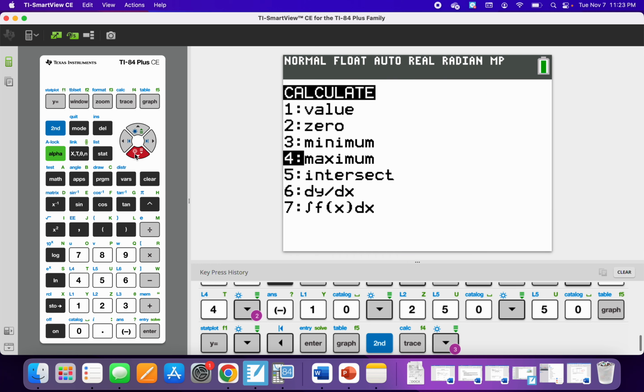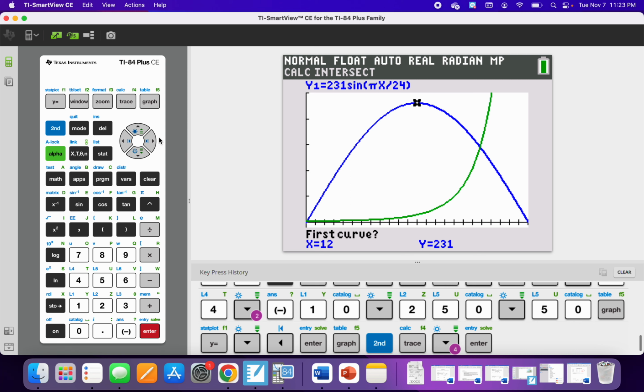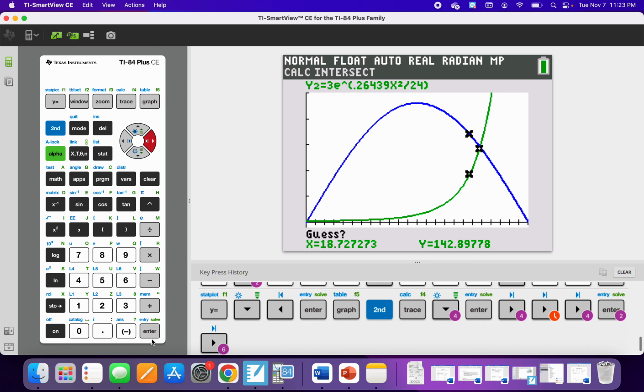So I'm going to calculate that intersect. First curve, second curve, and then guess. So that is at 18.777.